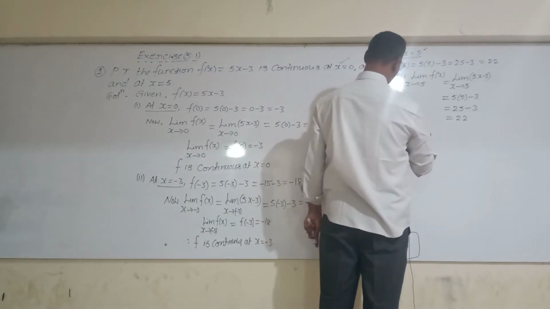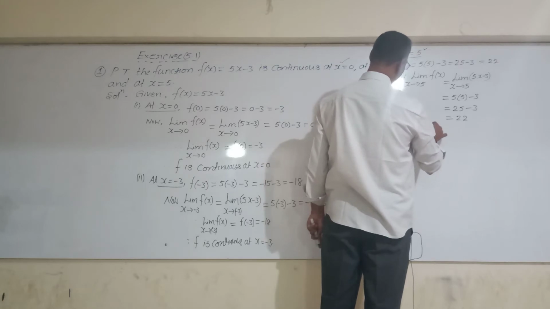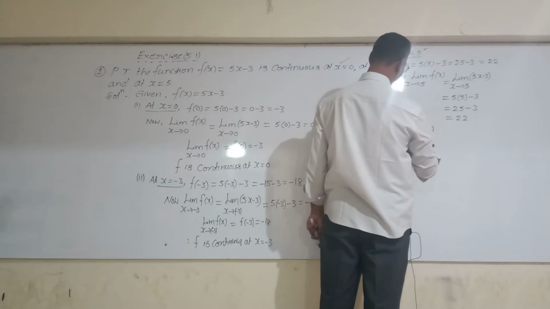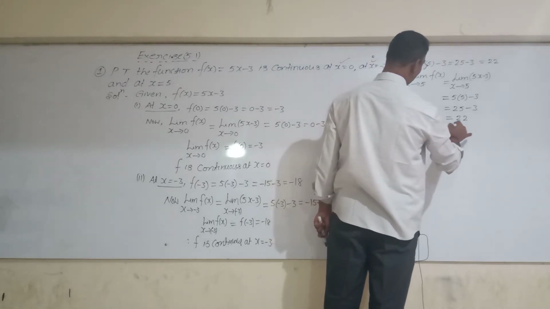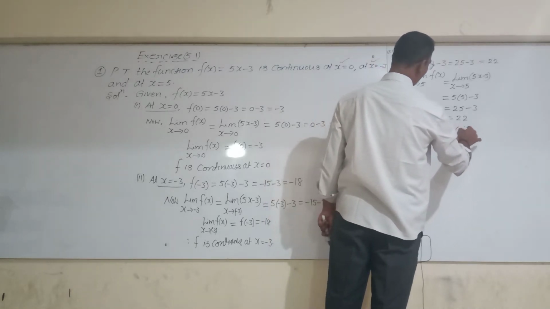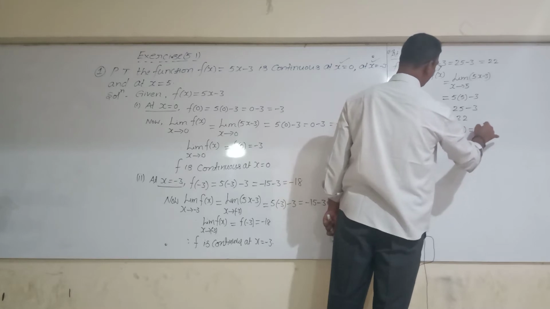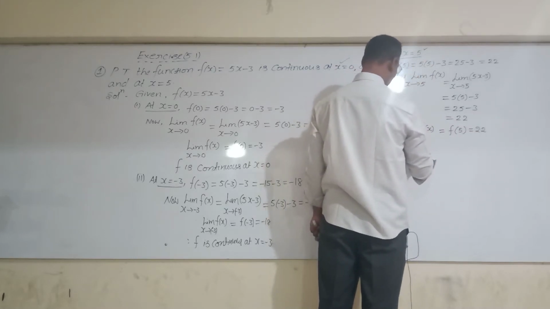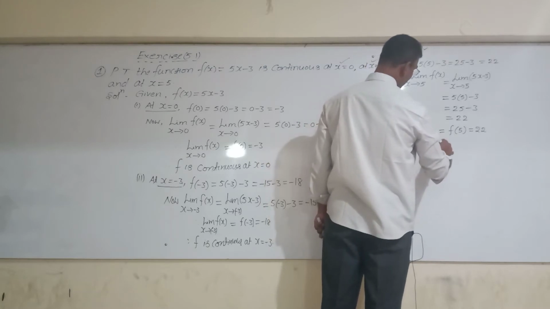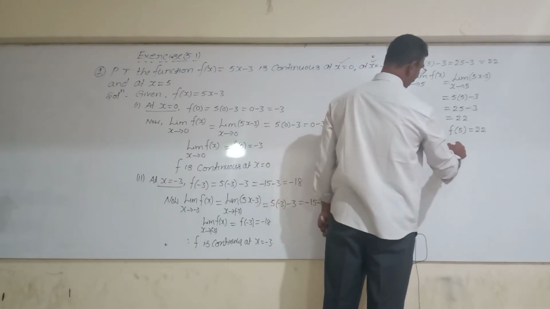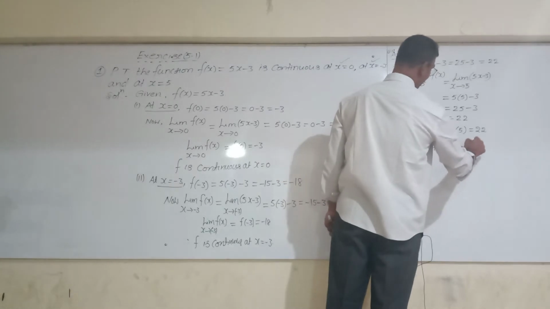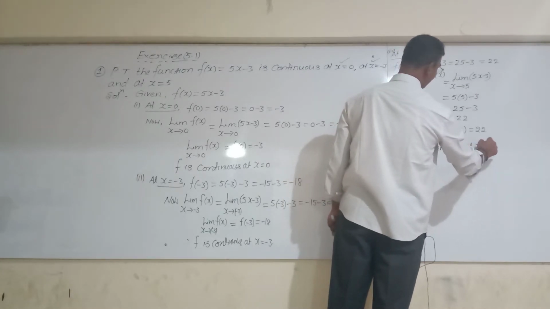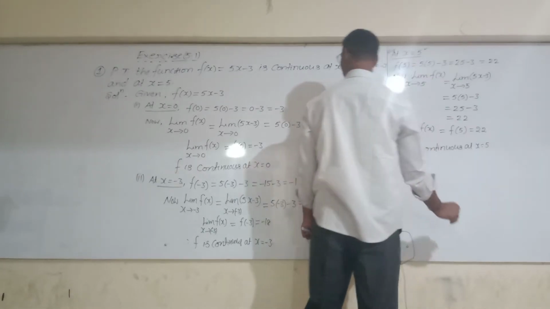Therefore, the limit of f of x as x approaches 5 is equal to f of 5, which is 22. Hence f is a continuous function at x equal to 5.